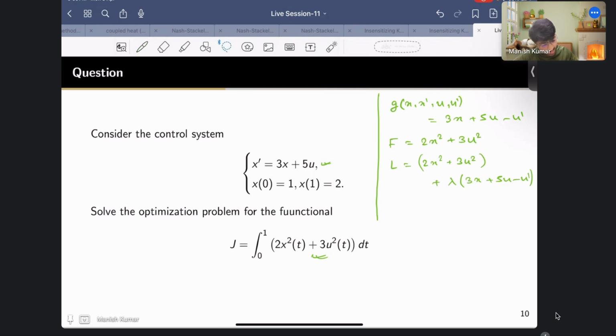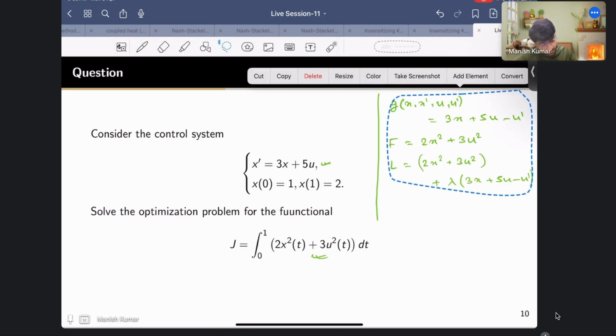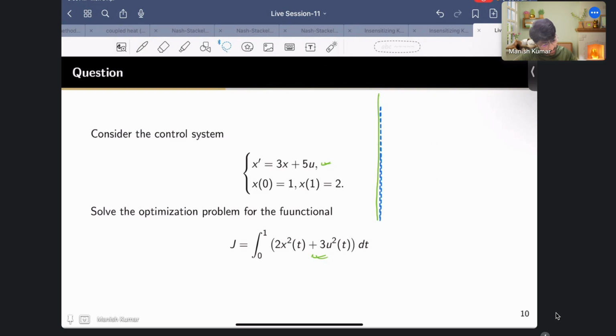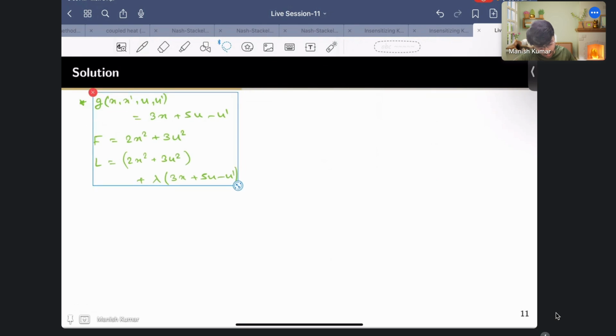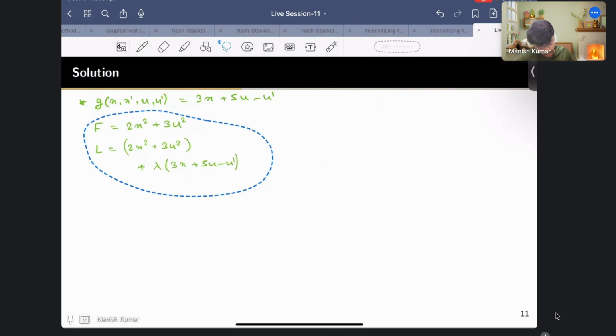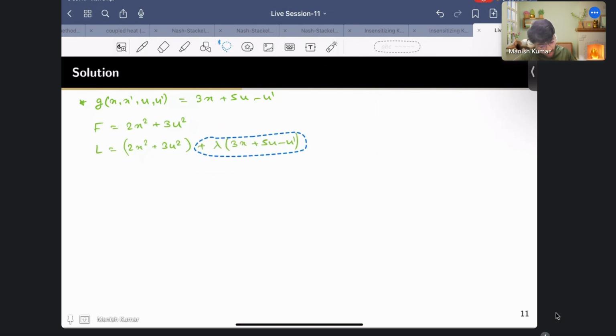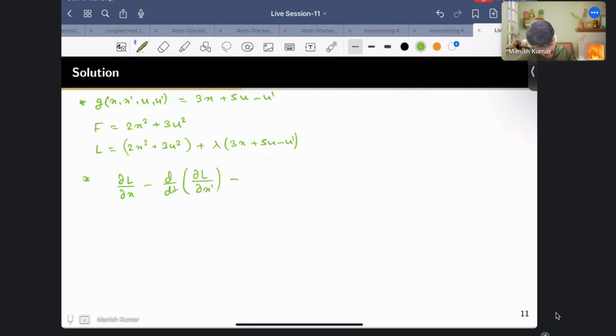Okay, so now let us try to get what the Euler-Lagrange equation is. So del L by del x minus d dt of del L by del x dot or x prime equals 0.